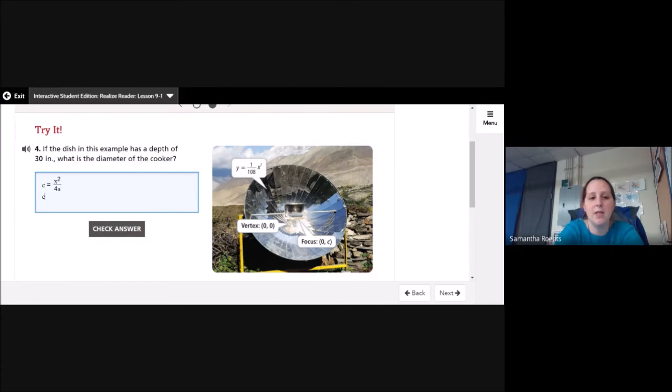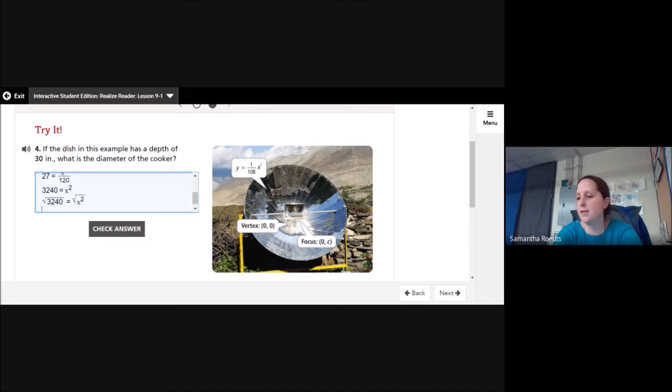So from here, c we know is 27 equals x squared over 4 times a, which is 30. So 27 equals x squared divided by 120. I multiply both sides by 120, which gives me 3,240 equals x squared. I'm going to take the square root of both sides.